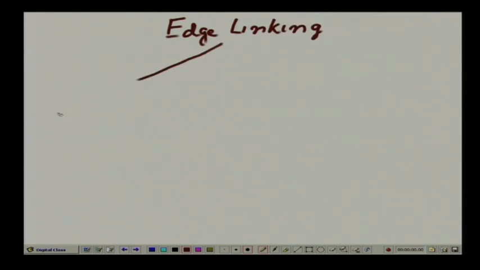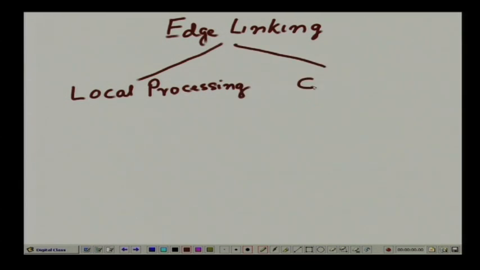Now, there are usually two approaches in which this linking can be done. So, for edge linking, we can have two approaches. One is the local processing approach, and the other one is the global processing approach.